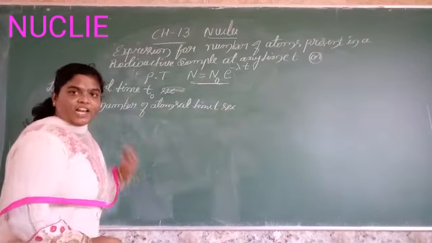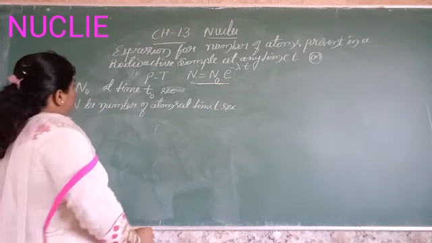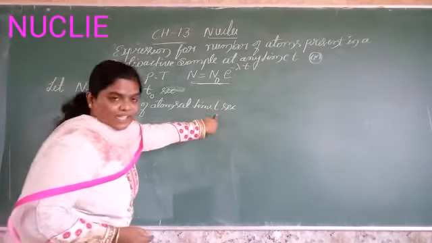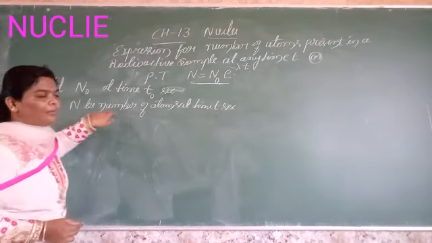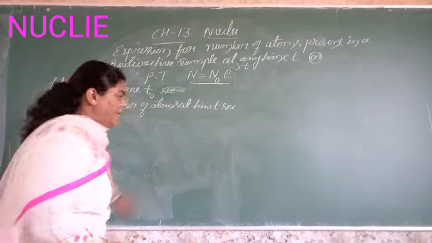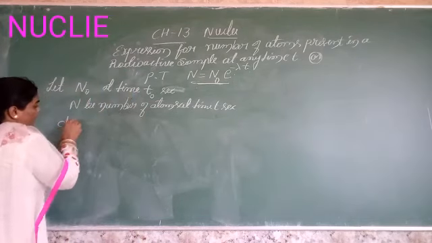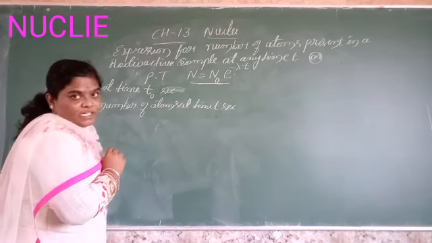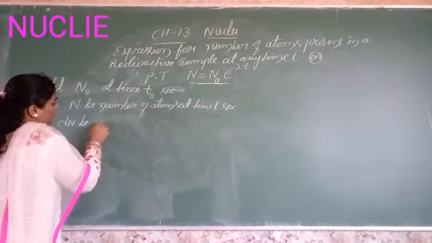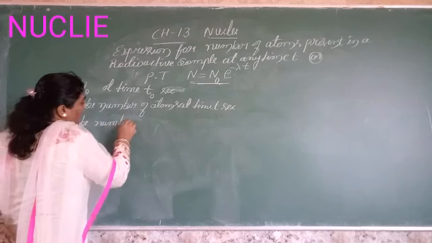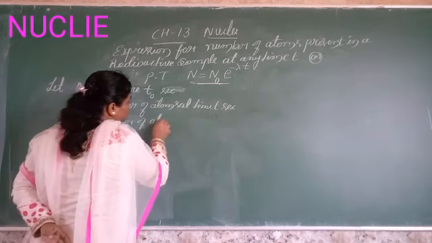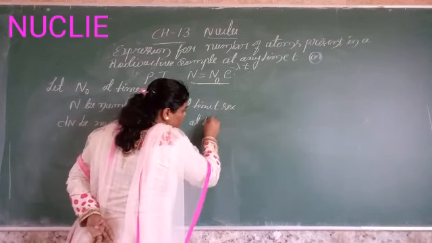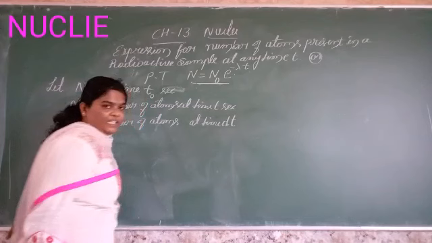So initially the number of atoms is N naught. But at the time t second, N be the number of atoms. Then dN be the number of atoms disintegrated in the short interval of time dt.